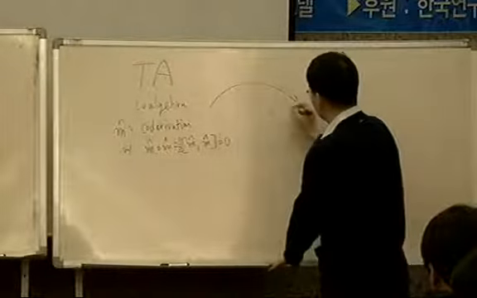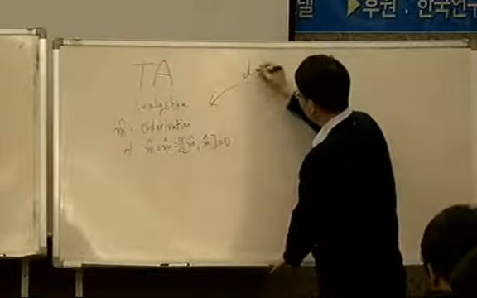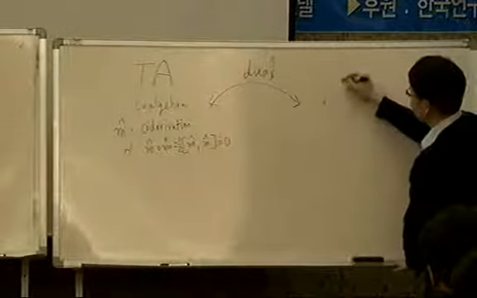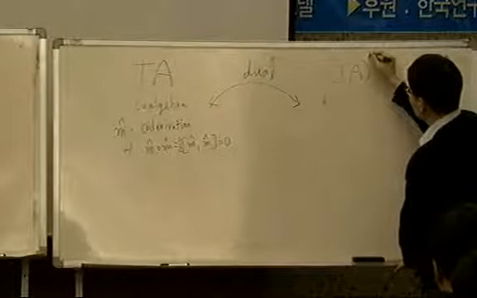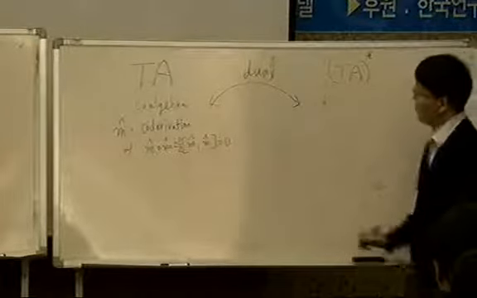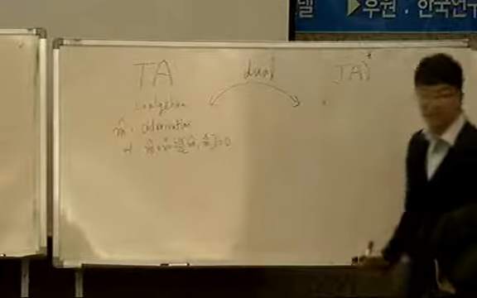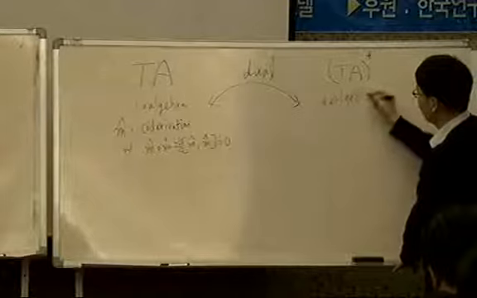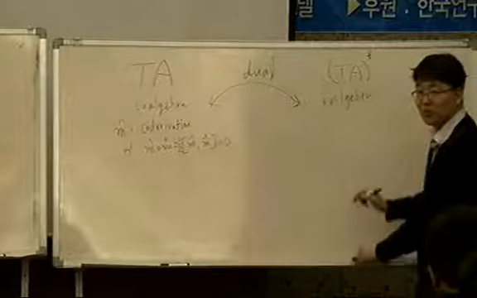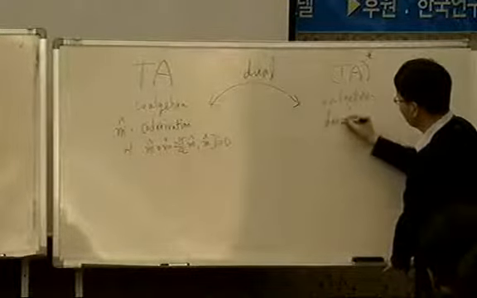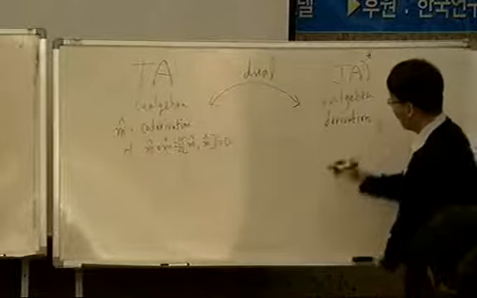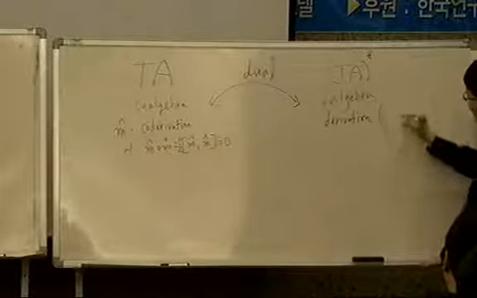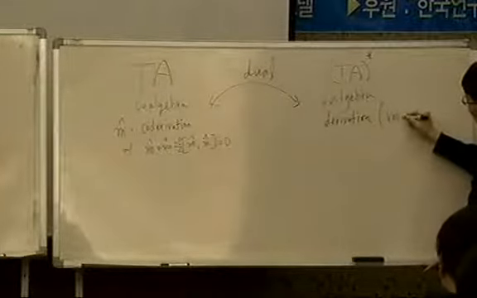Now you take the dual of this thing. So this means TA star. Then you can imagine the dual of a co-algebra would be an algebra, and the dual of a co-derivation would be a derivation. A derivation in an algebra is some kind of vector field.